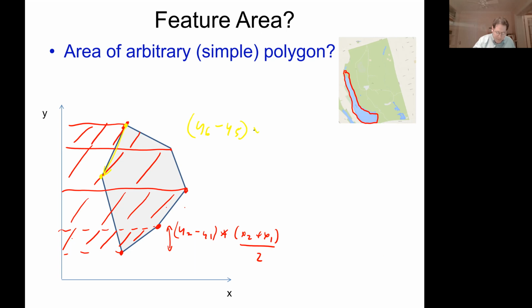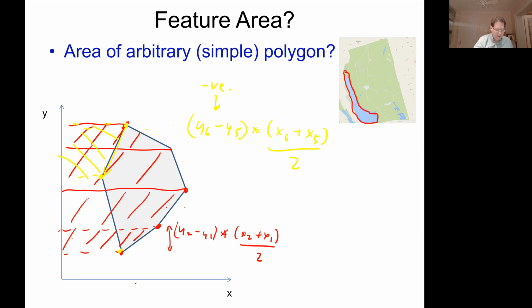We multiply that by the average distance, x6 plus x5 divided by 2. With y6 minus y5, we're now going down, so it is negative. What that does is compute a negative area, which is this yellow. So it's going to subtract off that overcounted area.